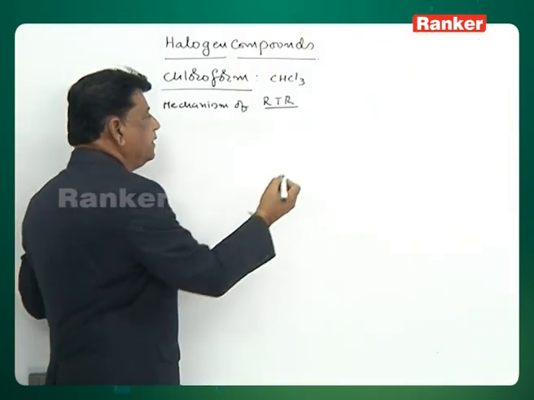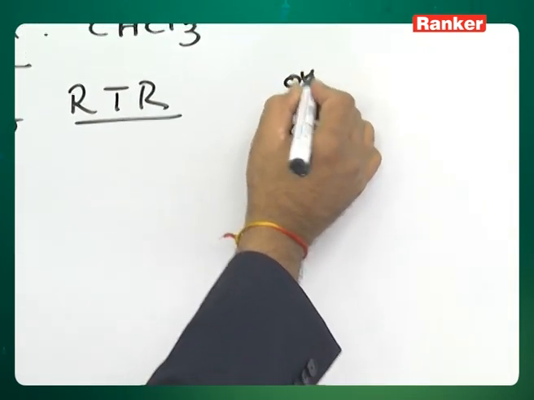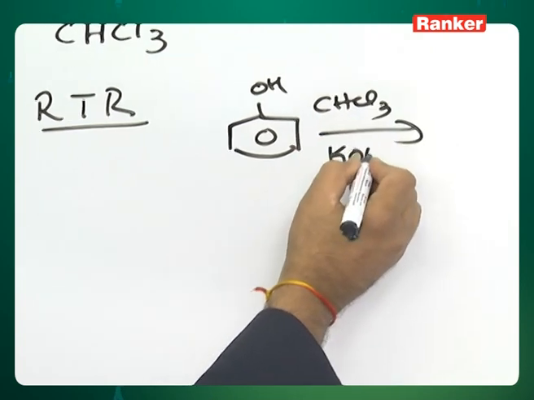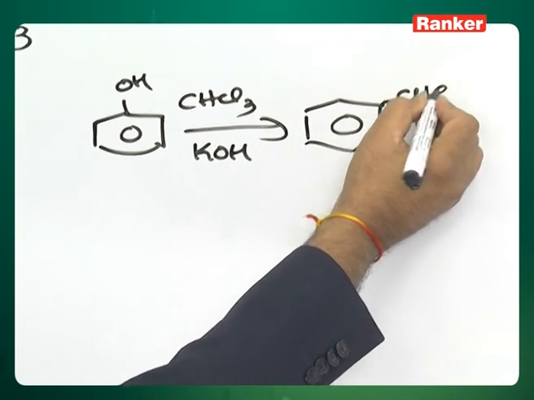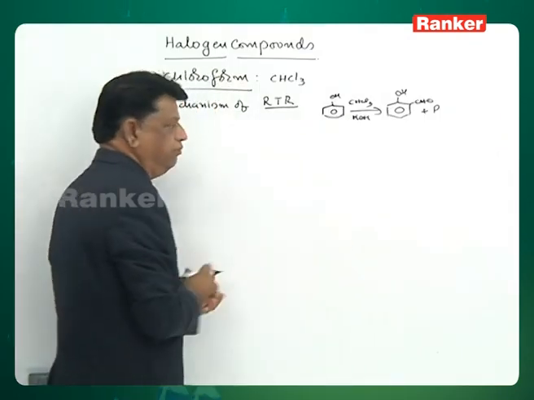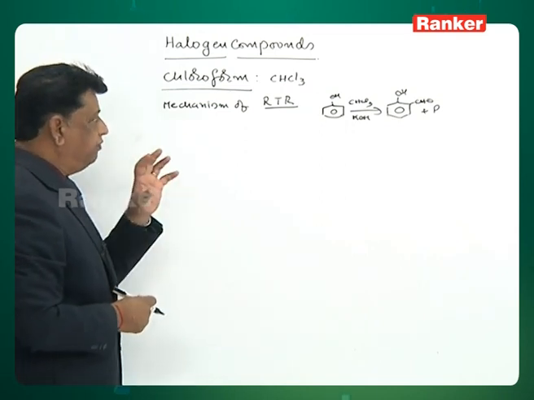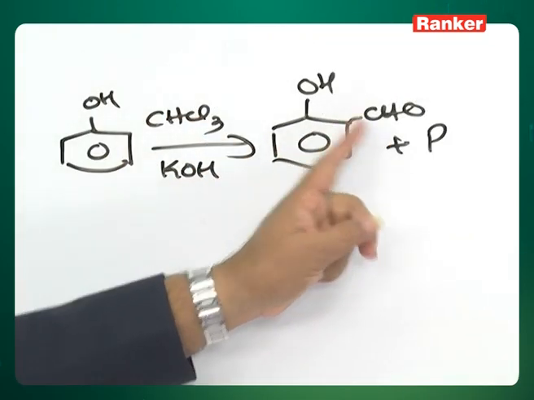Just now we have seen the skeleton reaction. Once again I will write, phenol when treated with chloroform CHCl3 and KOH, we are getting an ortho isomer introducing the CHO into the phenol, plus its para isomer also will be formed, a mixture is formed. How is this aldehyde group coming in? It is called a formyl group coming in, isn't it?